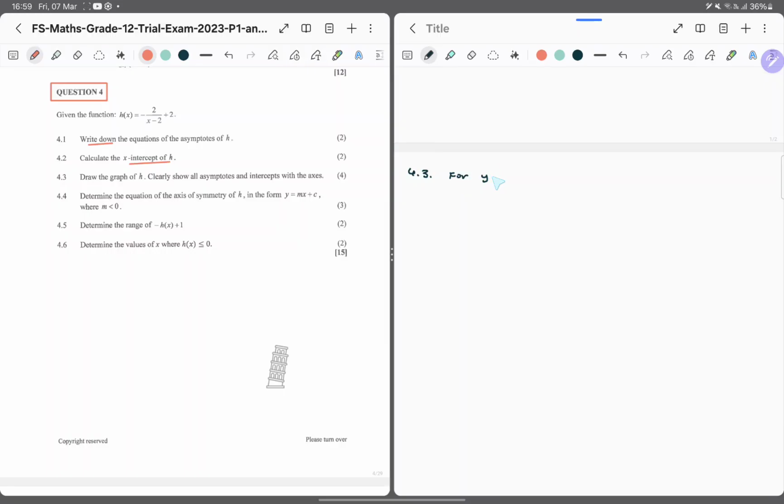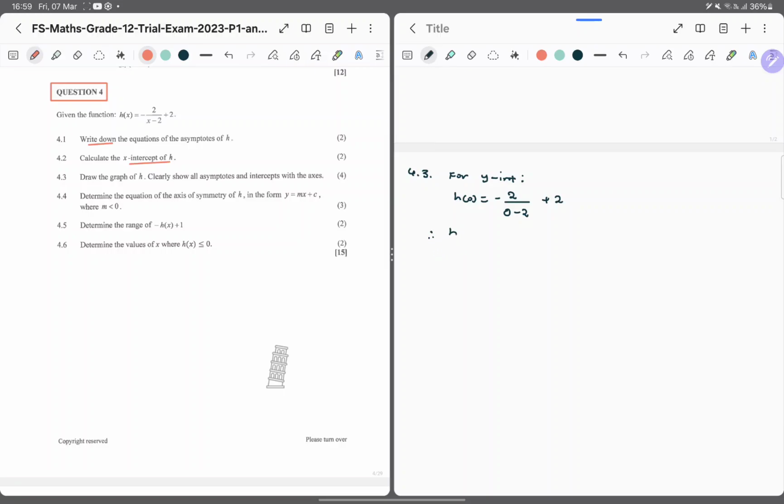For y-intercept, it will be such that we have h of 0 is going to be equal to -2 divided by 0 minus 2 plus 2.